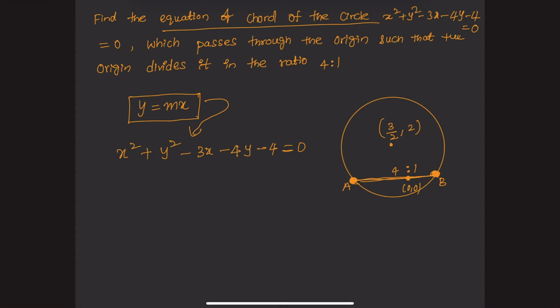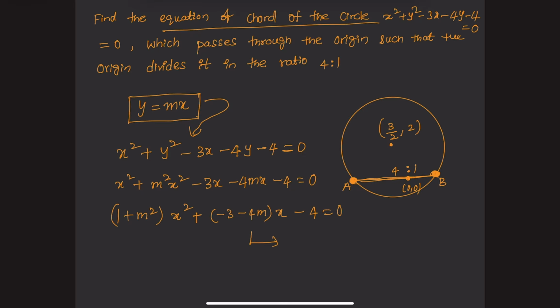Let us do that. This will be x square plus m square x square minus 3x minus 4mx minus 4 is equal to 0. So this is simply 1 plus m square into x square minus 3 minus 4m multiplied by x minus 4 is equal to 0.